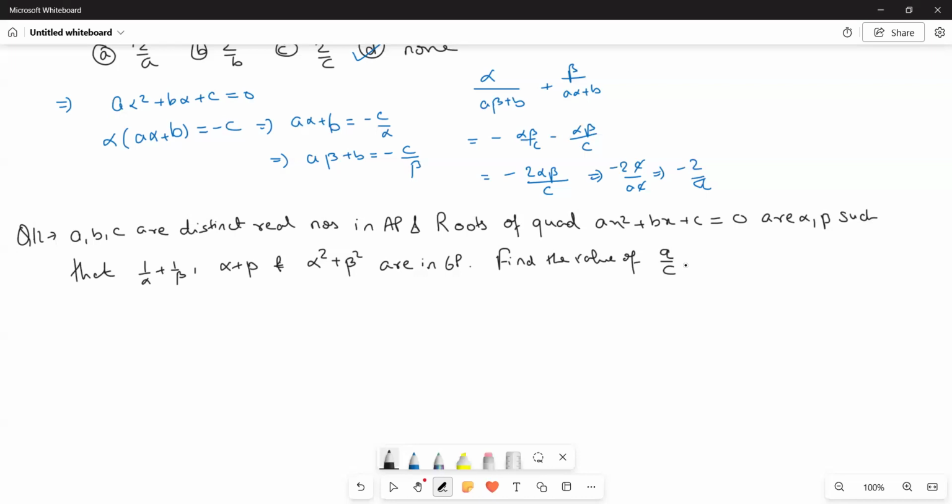A very simple question. If A, B, C are distinct real numbers in AP, what will be the condition of AP? 2B is equal to A plus C. Now the second condition is 1 by alpha plus 1 by beta. By the way, how much is 1 by alpha plus 1 by beta?